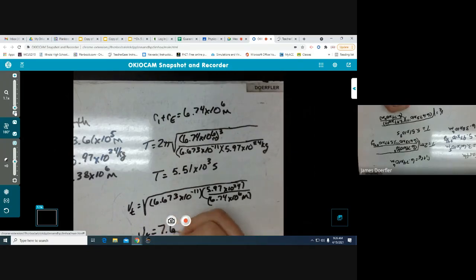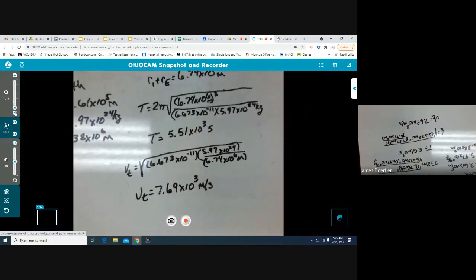So plug that in just to verify. You should get 7.69 times 10 to the 3rd meters per second. And that would be the speed of Magellan at Earth at that distance from the surface.